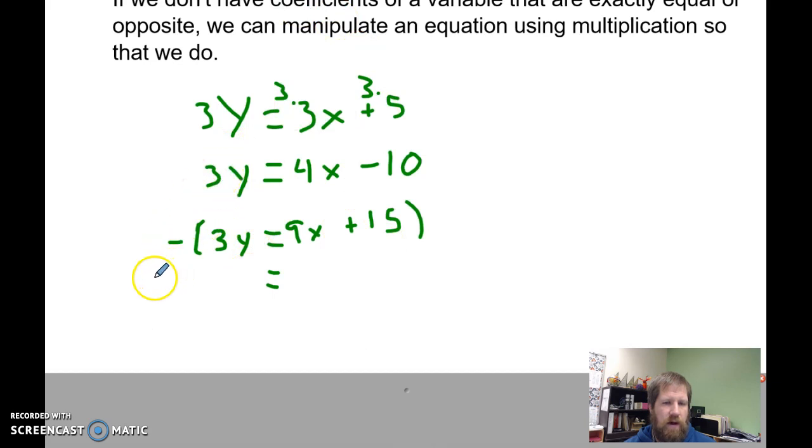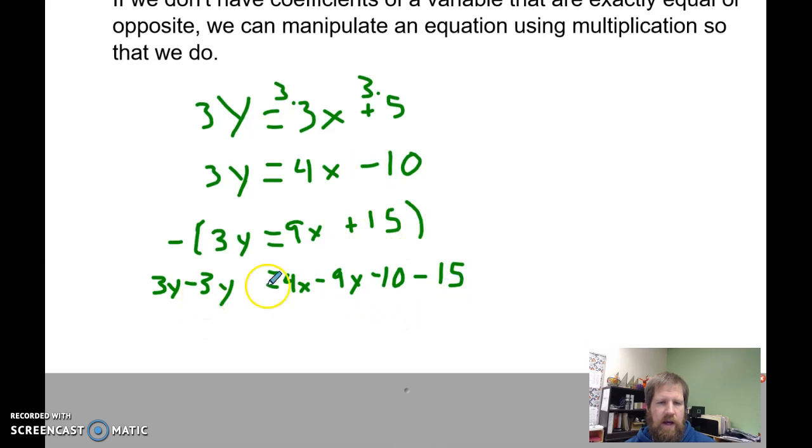So I would have 3y minus 3y. I would have 4x minus 9x. And negative 10 minus positive 15. Now I can combine my terms. 3y minus 3y, 0, is equal to 4x minus 9x, negative 5x, negative 10 minus 15, negative 25.